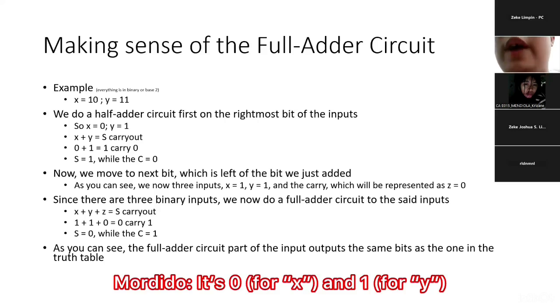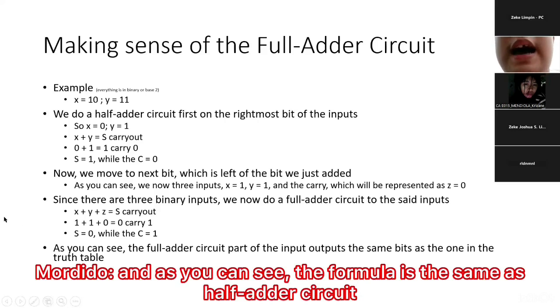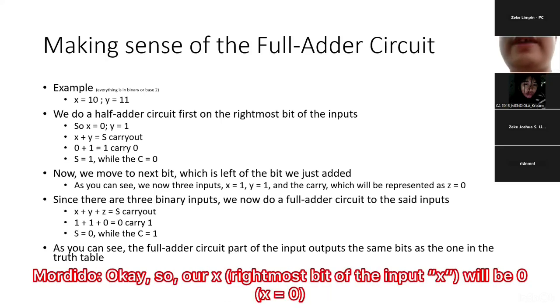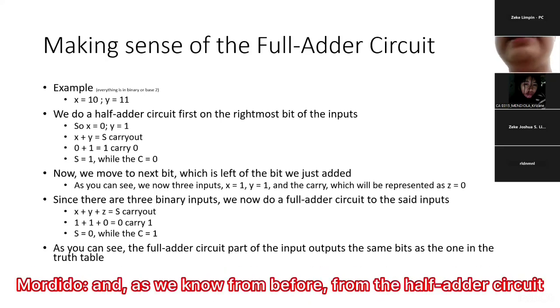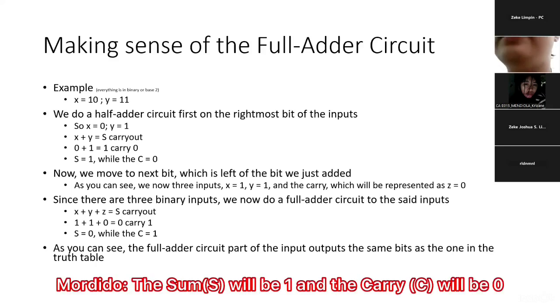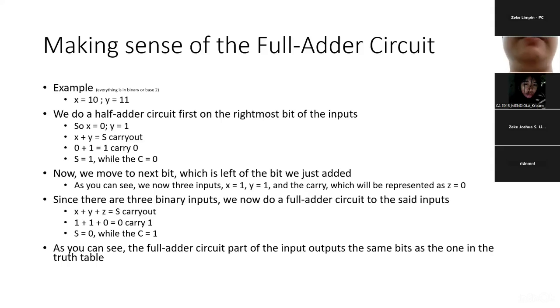It's 0 and 1. And as you can see, the formula is the same as the half adder circuit because we're only performing half adder for the rightmost bit of the addition. So our x will be equal to 0 and our y will be equal to 1. As we know from the half adder circuit, 0 and 1 added together, the sum will be 1 and the carry will be 0.